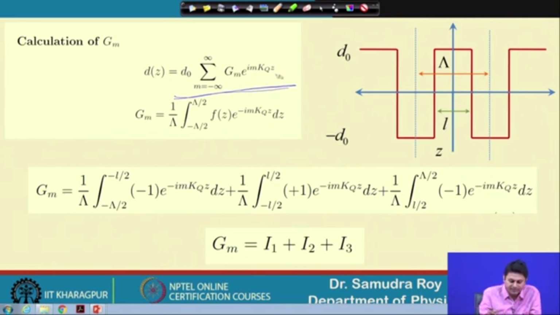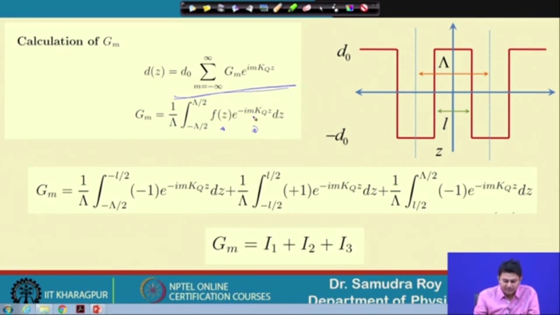G_m is the integral over the full period of the given function times e to the power minus i m k_z z, with 1 by the period. If the functional form is given and I integrate over the period with 1 by period, then we will have the value of G_m.